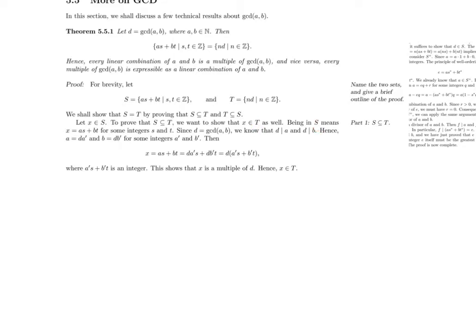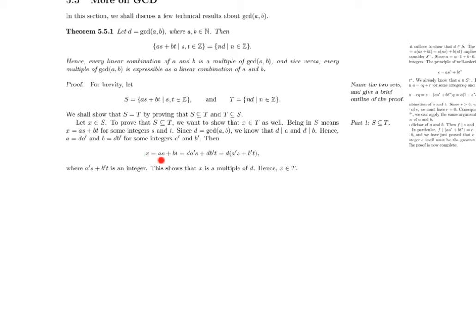If X is in S, that means we can write X as a linear combination of A and B for some integers S and T. We also know that D divides A and D divides B, where D is the GCD of A and B, which means we can rewrite A and B as A equals D A prime, B equals D B prime. A is some multiple of D, B is some other multiple of D. The A prime and B prime, we just don't have enough letters. It's not a derivative, this isn't calculus, it's just another name for another letter.